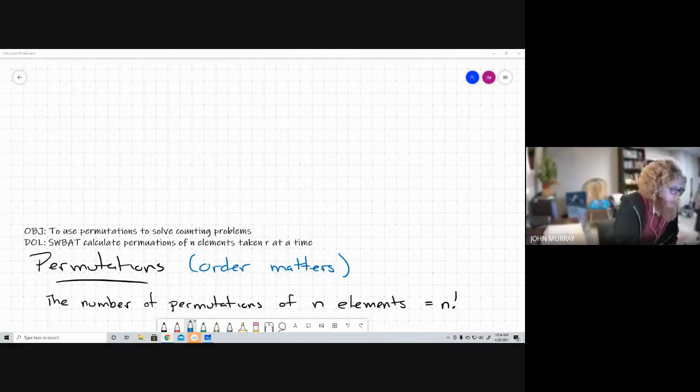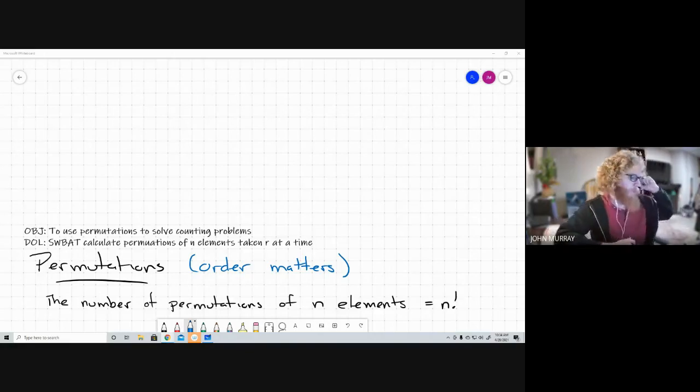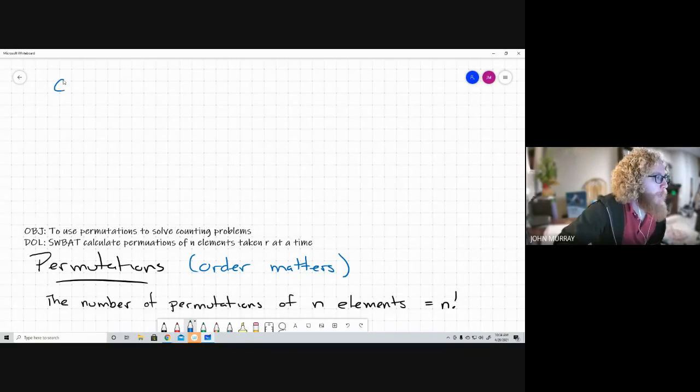All right. So today we're going to continue talking about permutations, but I realized I forgot to mention something back with the counting principle.